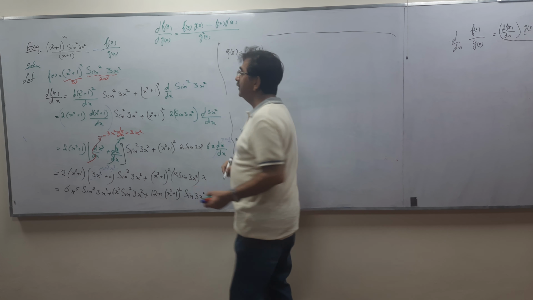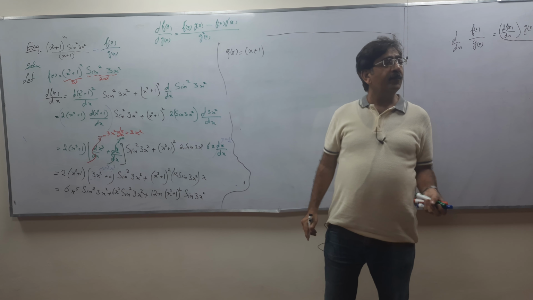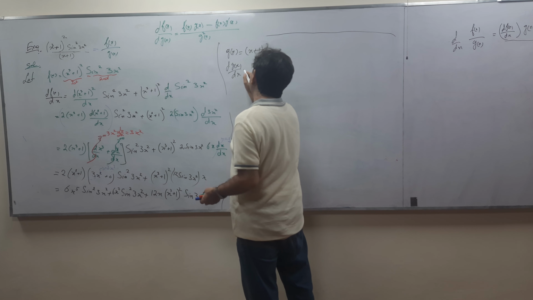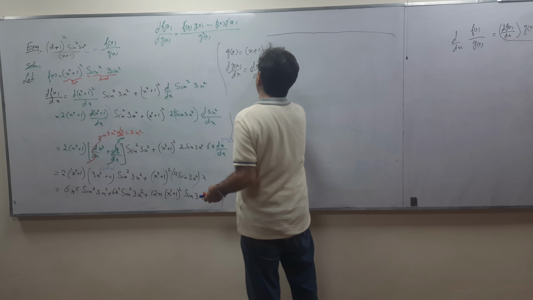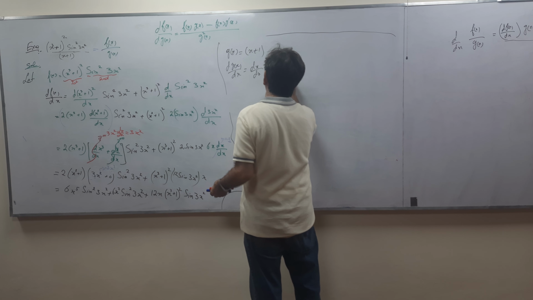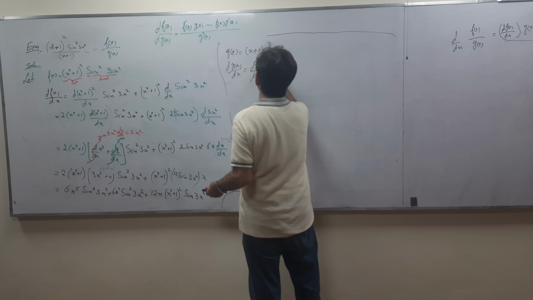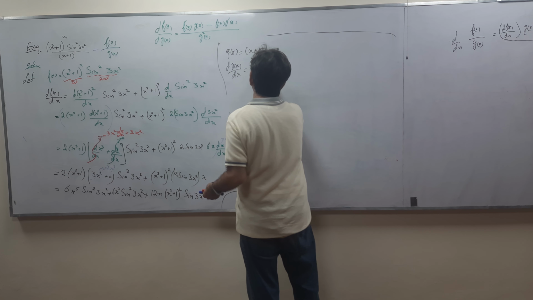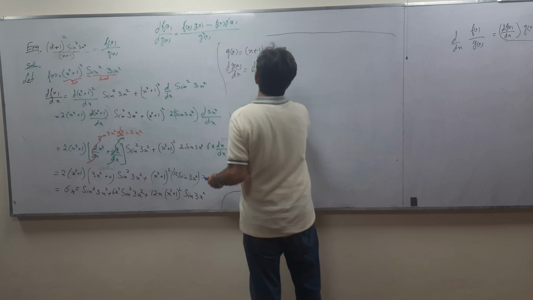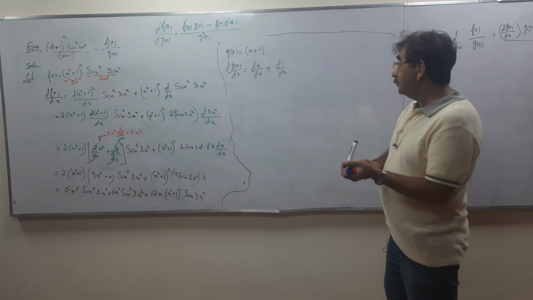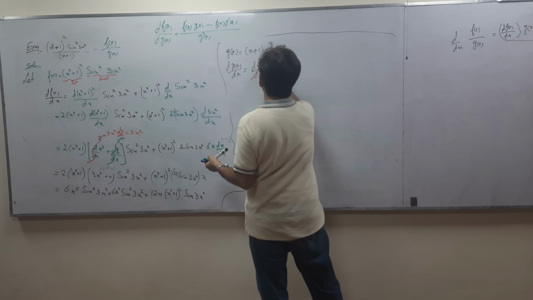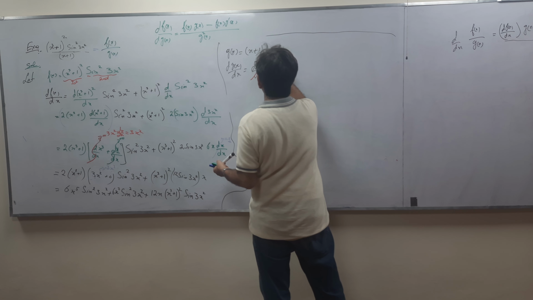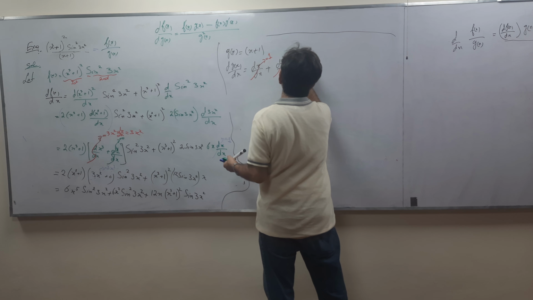Okay. And what is the derivative of this? Derivative of gx with respect to x, that will be dx over dx plus d1 over dx. dx over dx is equal to 1 and d1 over dx is equal to 0.